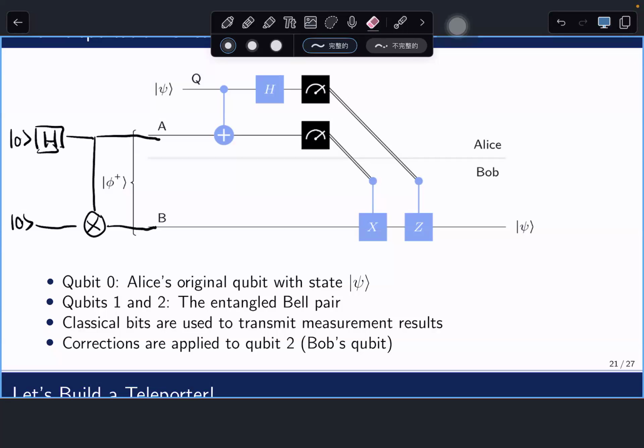Can you try to draw the circuit? Oh, you already started. H and two measurements.